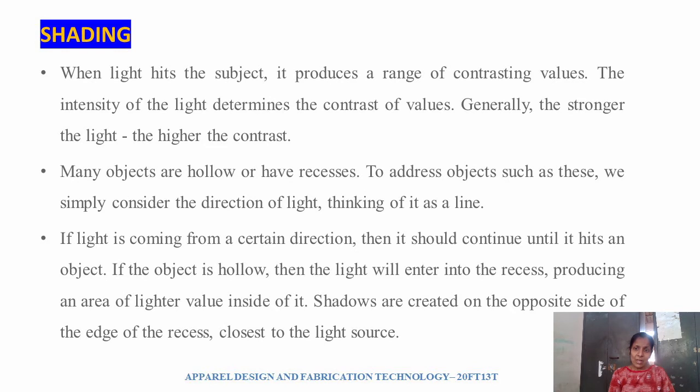The light will get into the recessed part of the object, producing an area of lighter value inside of it. Shadows are created on the opposite side of the edge of the recess closest to the light source.